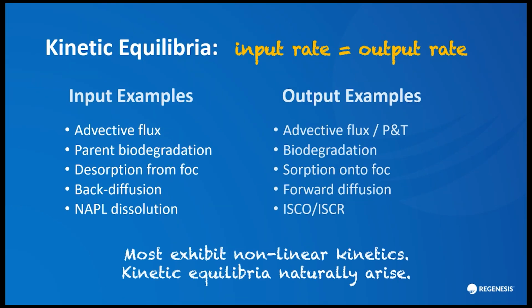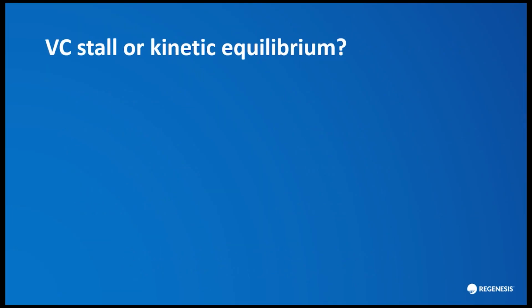Most of these exhibit nonlinear kinetics, typically first order or quasi-first order. And so in most of these cases, kinetic equilibria will naturally arise. The system will gravitate to the equilibrium and then exhibit apparent stasis, like a waterfall. Let's simulate an example in PlumeForce.